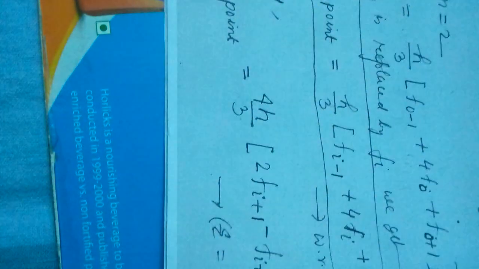This formula is called the 1/3 Simpson rule with respect to the ith coordinate. If you put n equal to 4, I_4 3 point formula will be this one. This error is of the order of h to the power 5.